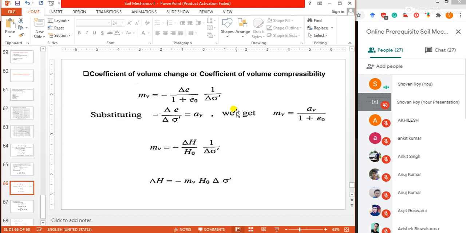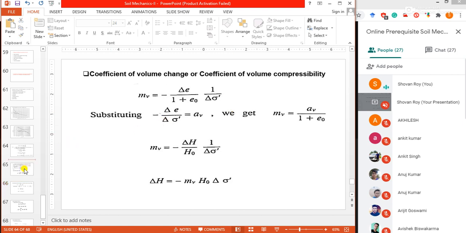After substituting, we find that minus delta e by delta sigma dash equals av.